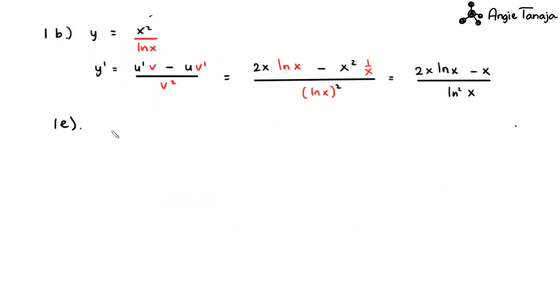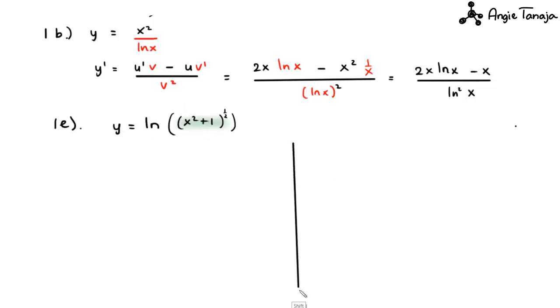1e we have y equals ln of x squared plus 1, to the half. In this case, we're going to apply chain rule. There are two ways.